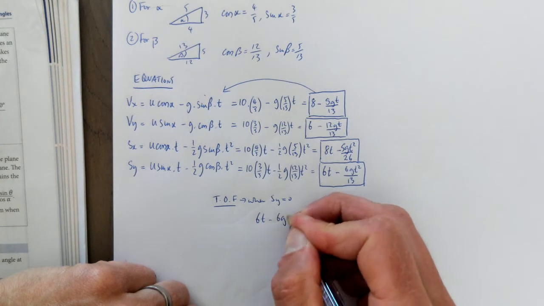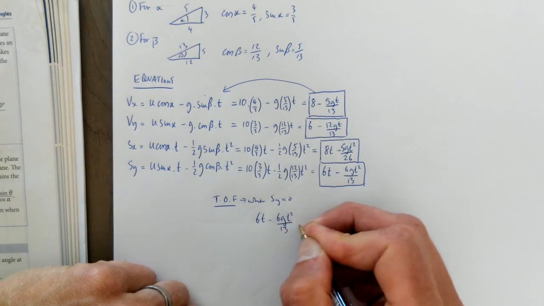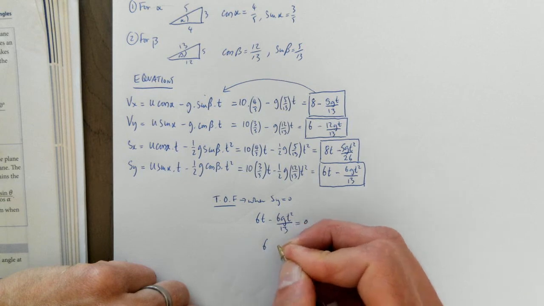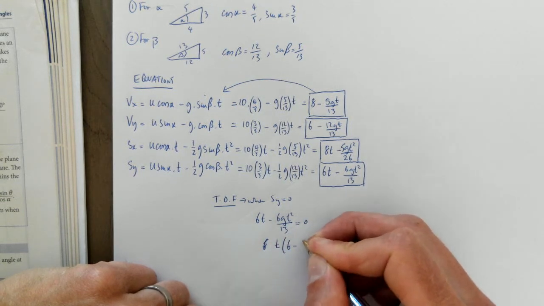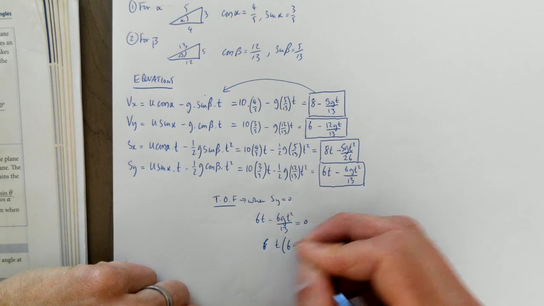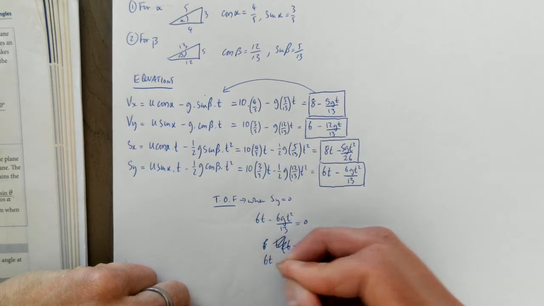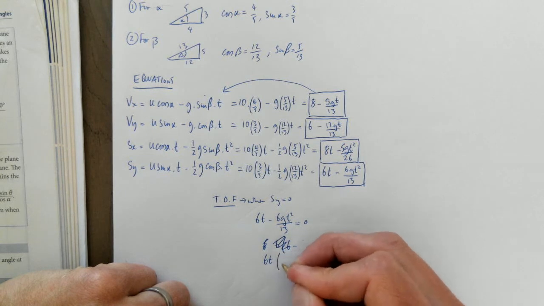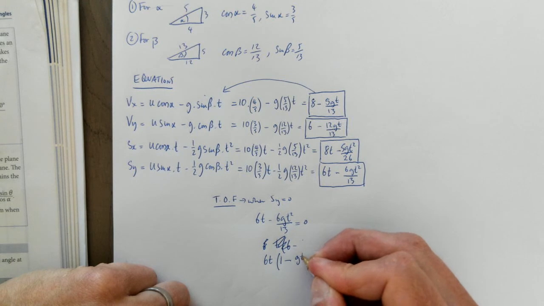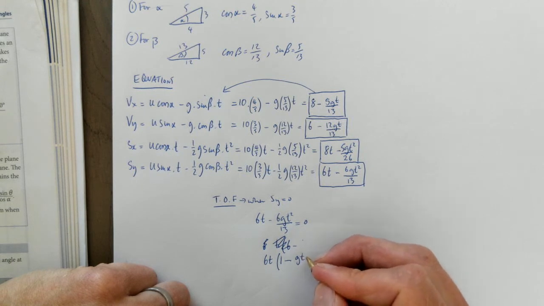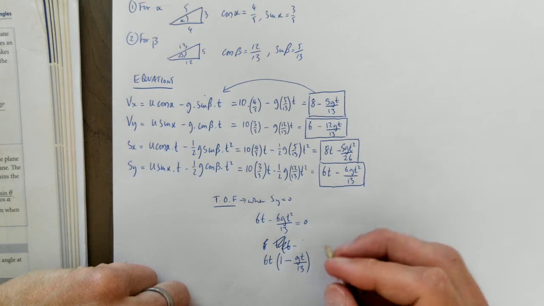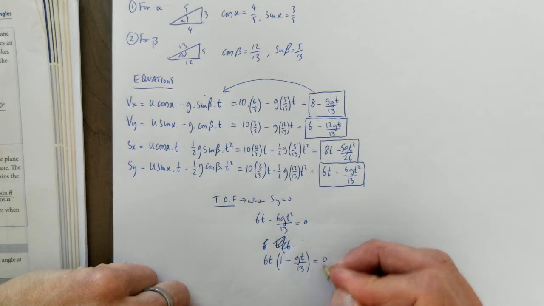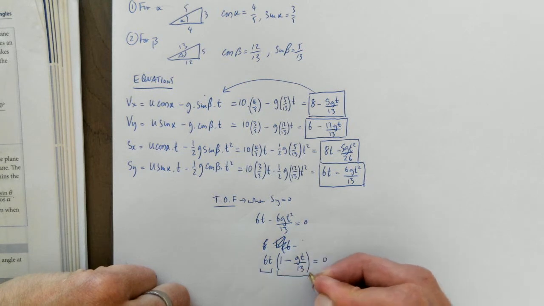6t minus 6g t squared over 13 is equal to 0. Or we factorize, will we? t times (6 minus 6gt over 13) is equal to 0, which means one of these is equal to 0.